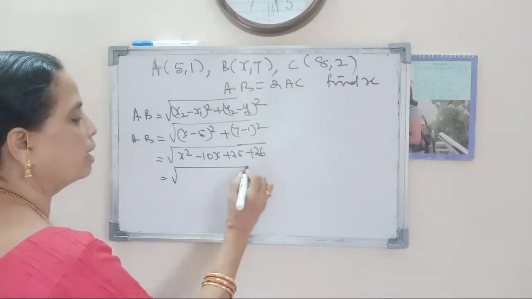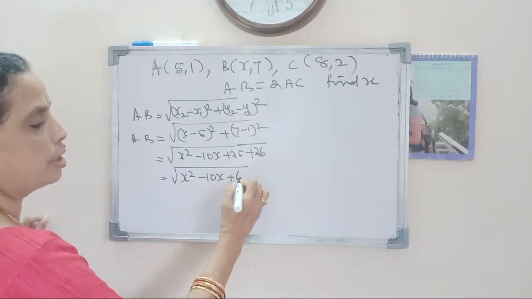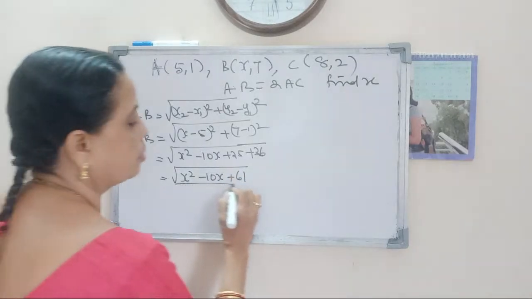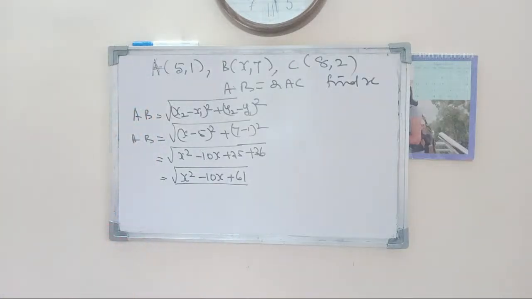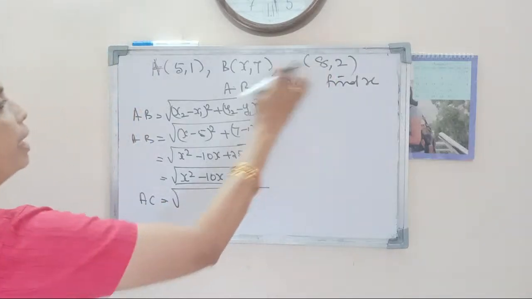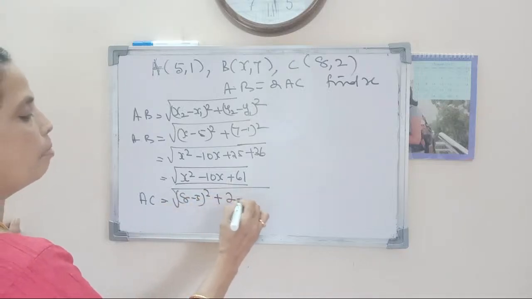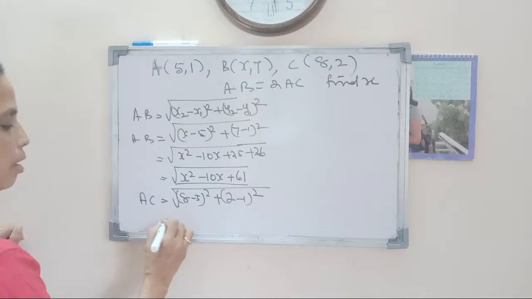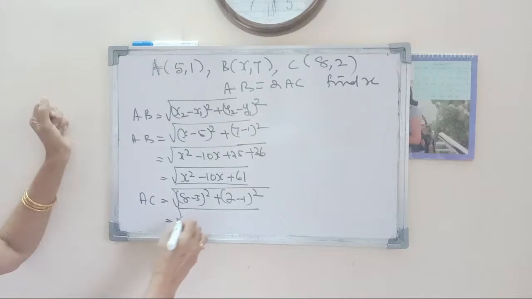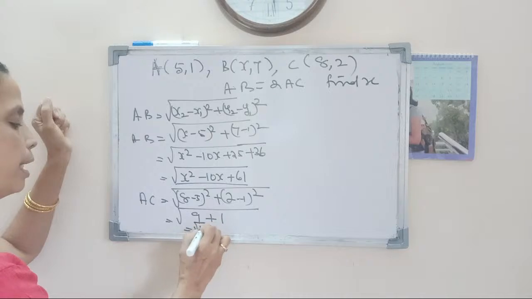Further we can write it as x square minus 10x plus 61. This is AB distance. Let us calculate AC. Using distance formula, we have AC: 8 minus 5 whole square plus 2 minus 1 whole square. It is root of 8 minus 5 is 3, 3 square is 9, plus 1, it is root 10.